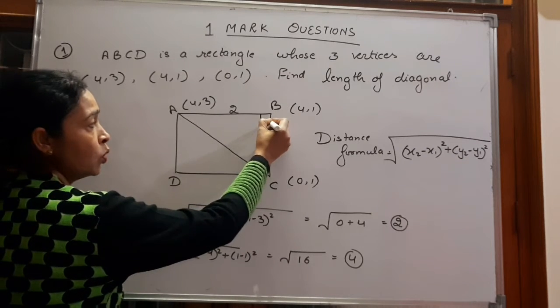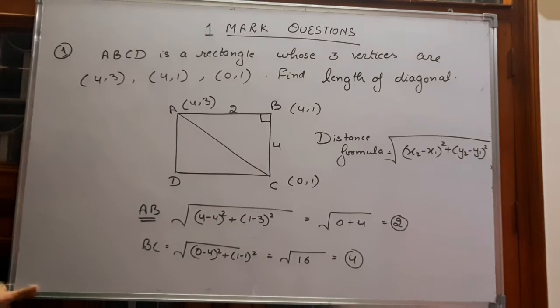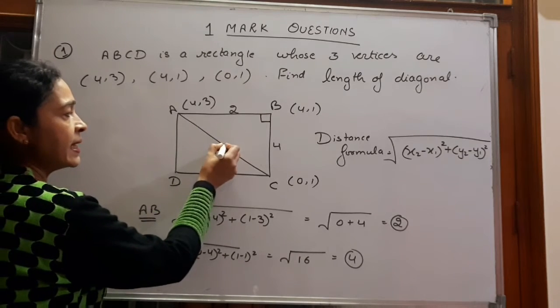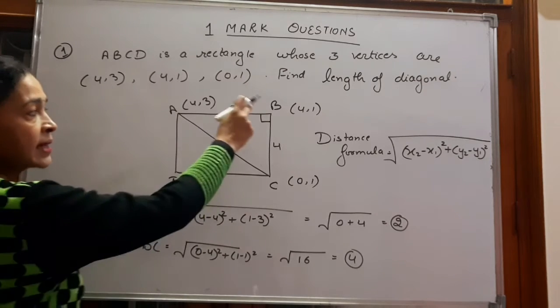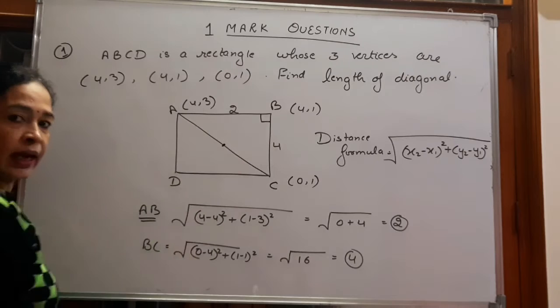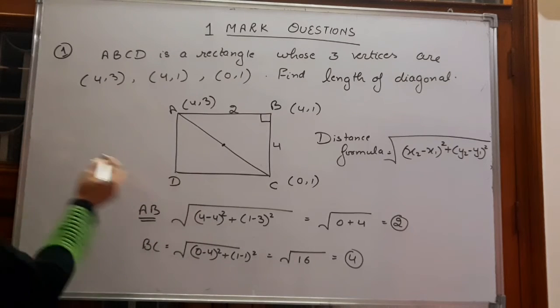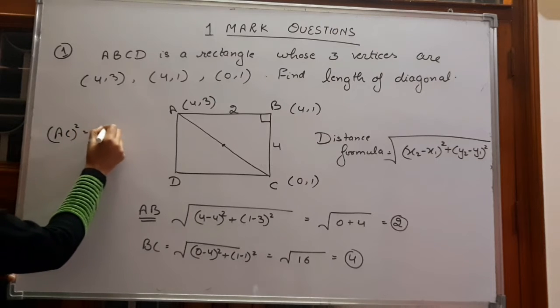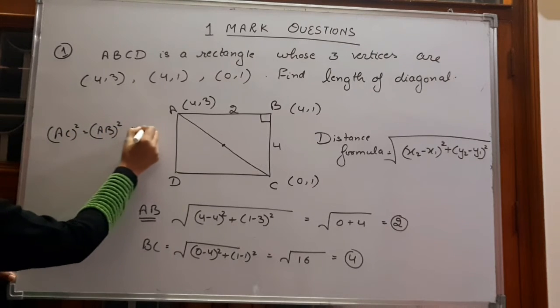Now students, you know that every angle of a rectangle is a right angle. ABC is a right angle triangle with AC as hypotenuse. The side opposite to the right angle is the hypotenuse. As per Pythagoras theorem, AC whole square equals AB square plus BC square.